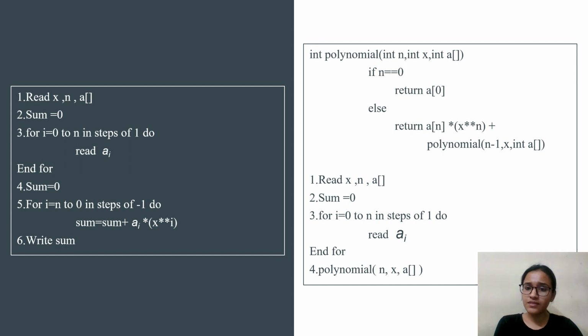And at last we will be adding all the calculated values and it will be returned by the polynomial function. This is how the recursive function works. It will call itself again and again, and the results will be calculated on the basis of the stack. The last in will come first out.